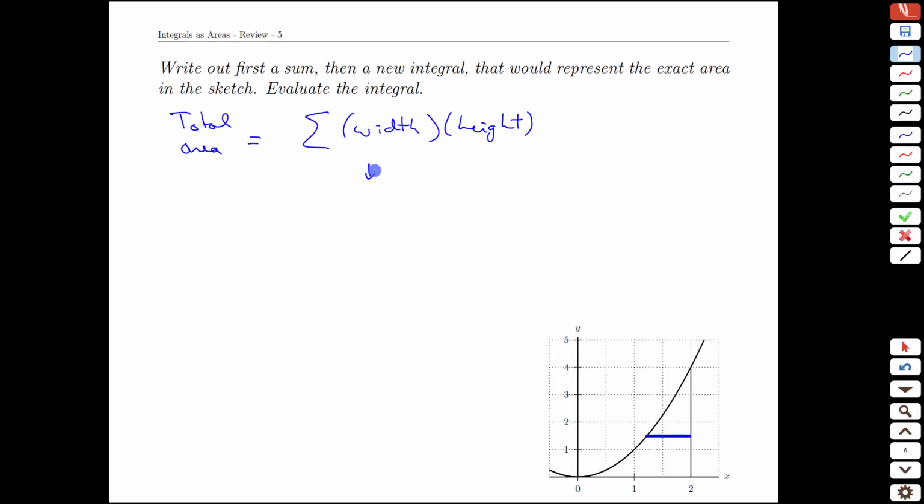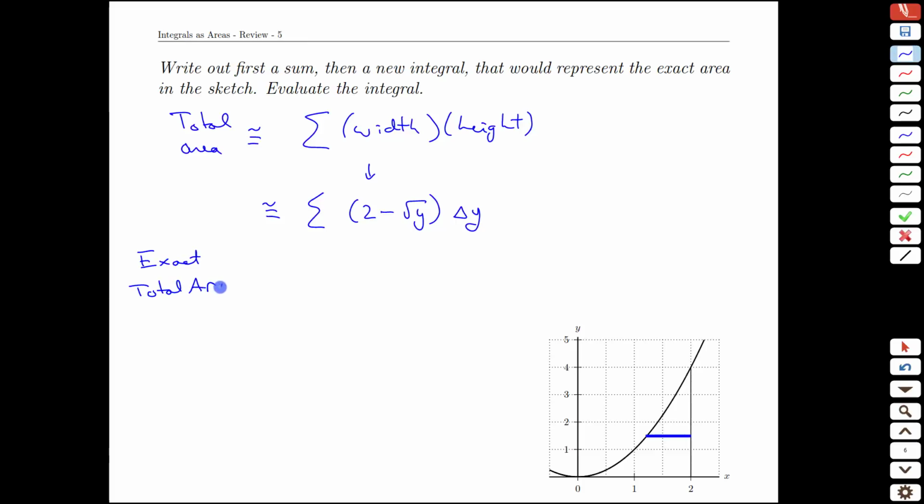And we know where this goes next. The widths we just found was 2 minus square root of y. The heights were all delta y's, and we had a sum of those. Technically, these would be approximations. The exact total area is what we get using an integral.